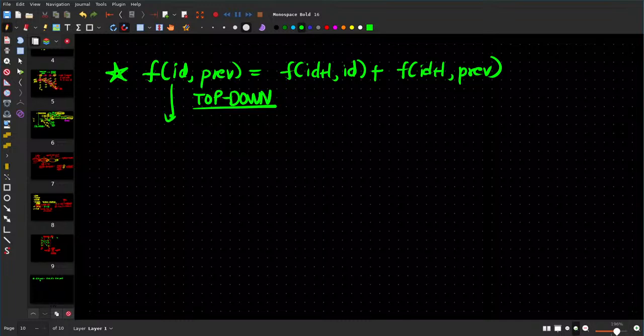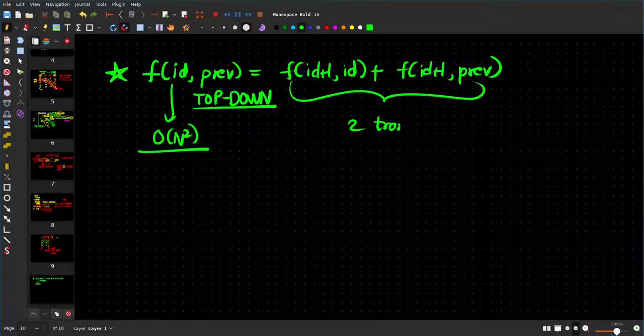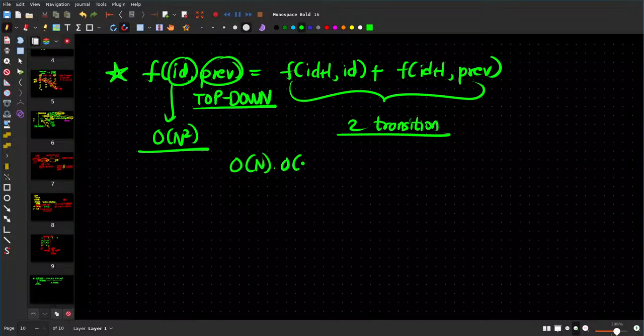This can be evaluated in order n square time, because there are only two transitions, and there are two states which each of them take order n unique values, multiplied by a constant, which results in an order n square solution.